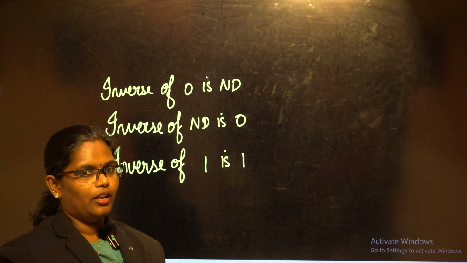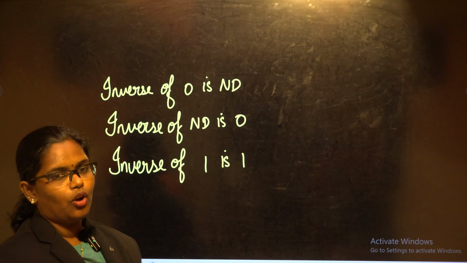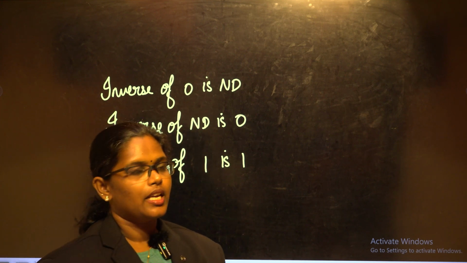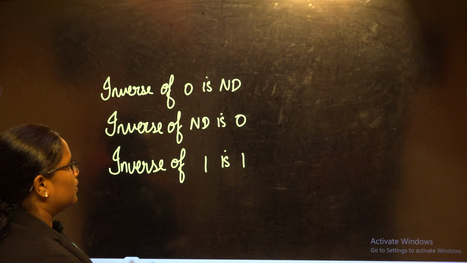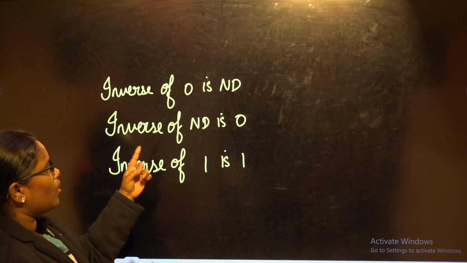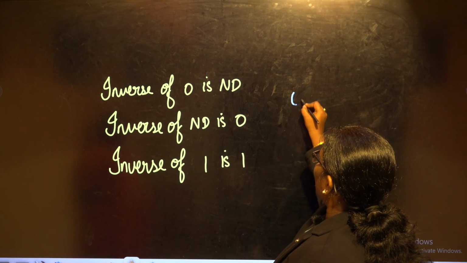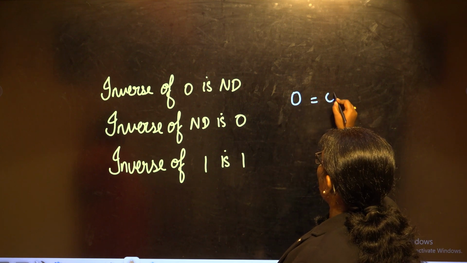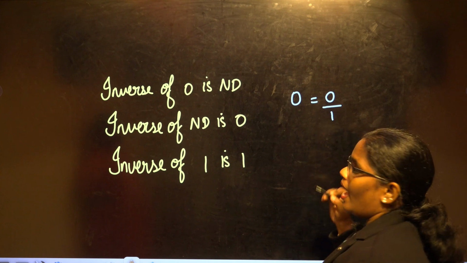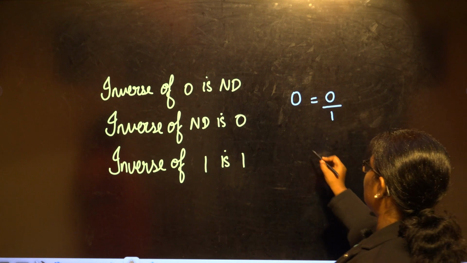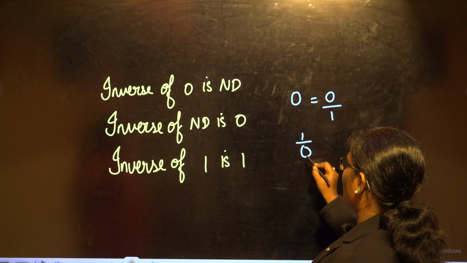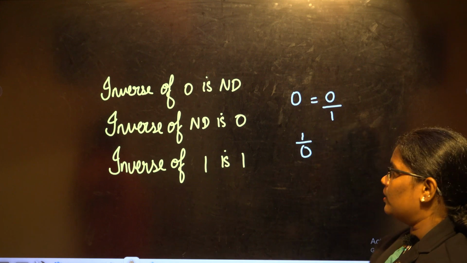Before deriving the values of the other three trigonometric ratios, first let's understand this concept. Inverse of 0 is not defined because 0 can be written as 0 by 1, and the inverse of this is 1 by 0, which is not defined.